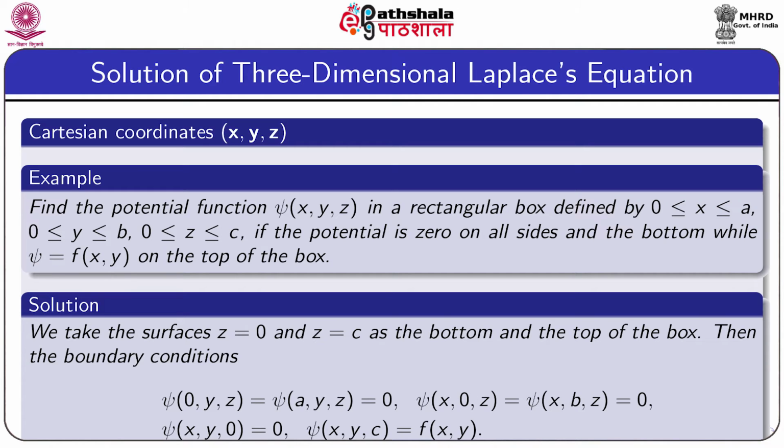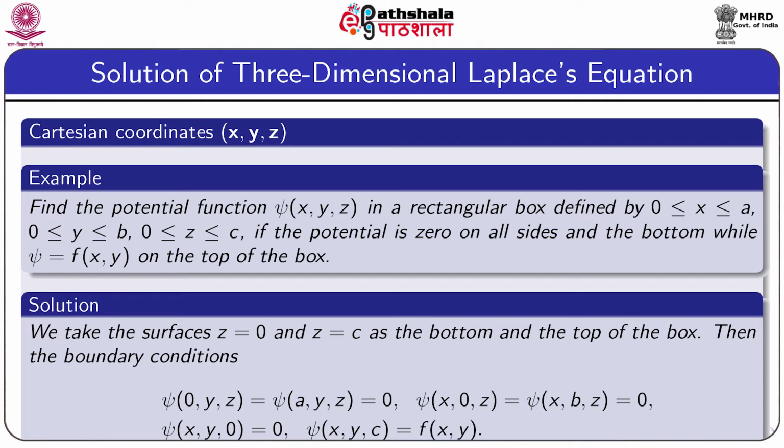So, you think about a rectangular parallelepiped where all the bounds are kept at 0 temperature except the plate z equals c. So, we can write the boundary conditions like this.